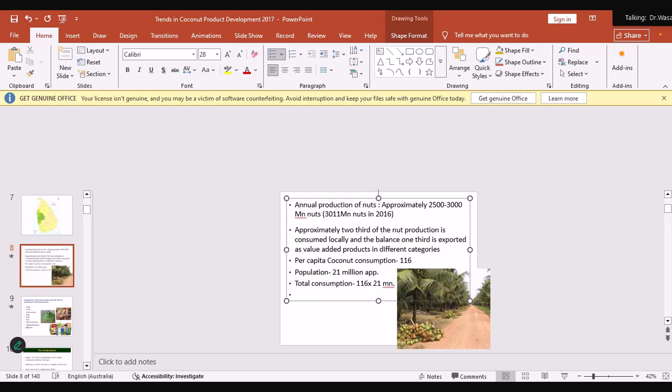What is the value? 21 into 116, 2,436 million.